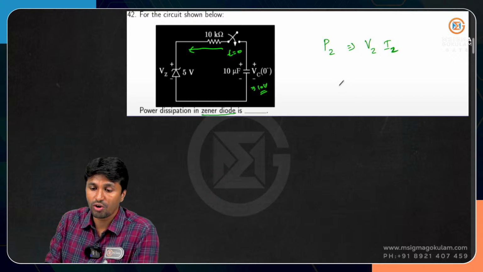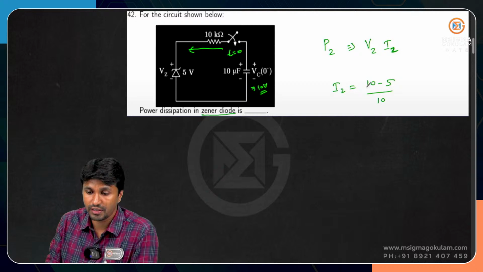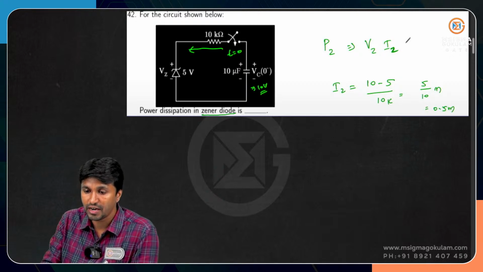So therefore what will be Iz? Iz is equal to 10 minus 5 by 10k, which is nothing but 5 by 10k, or 0.5 milli, right? The breakdown voltage is already given to you, which is nothing but 5.